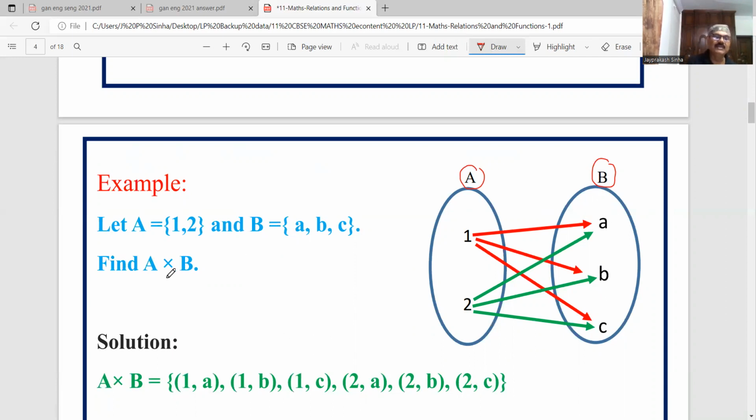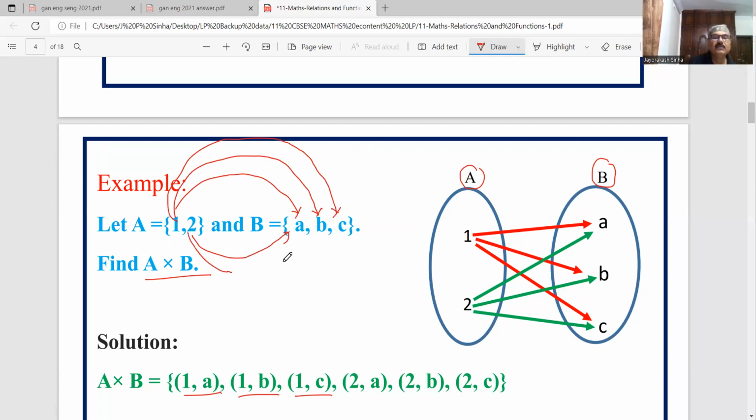So now when we take the Cartesian product from A and B, means A cross B, then what we'll do? (1, a) will be one element, (1, b) will be the second element, (1, c) will be the third element. Correct? So 1a, 1b and 1c. Similarly, for 2 also we'll take 2a, 2b and 2c.